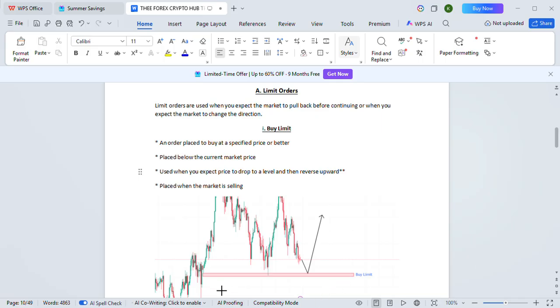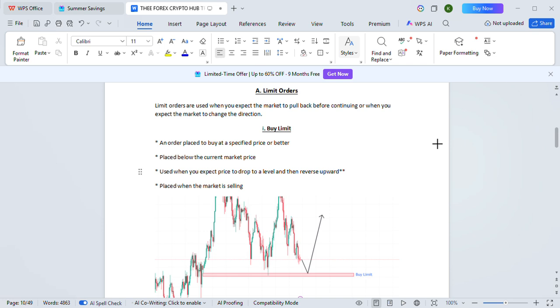So like right now, let's say you can see gold is coming up. Let's say you expect the market to come to a point like 43.30, and then it will start selling. So you will come here and place a sell limit at that point.